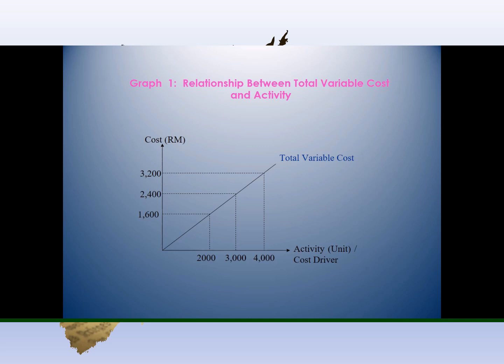Graph 1. Relationship between total variable cost and activity. Total variable cost increases and decreases in proportion to the changes in the activity level. When the activity is 2,000 units, the cost is 1,600 ringgit.